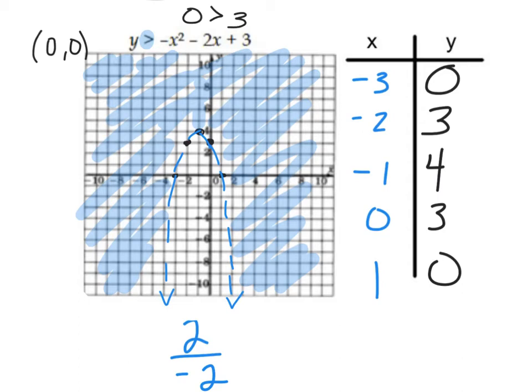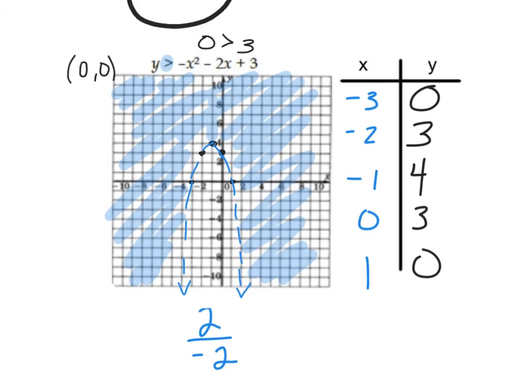Well, I know that 0 is not greater than 3, which means this point, 0, 0, should not be included in the shaded region. Instead, I shade everywhere else. So I graph the parabola as I would if it were an equation, and then I decide, do I use a solid or dashed line? And then I have to decide where to shade.